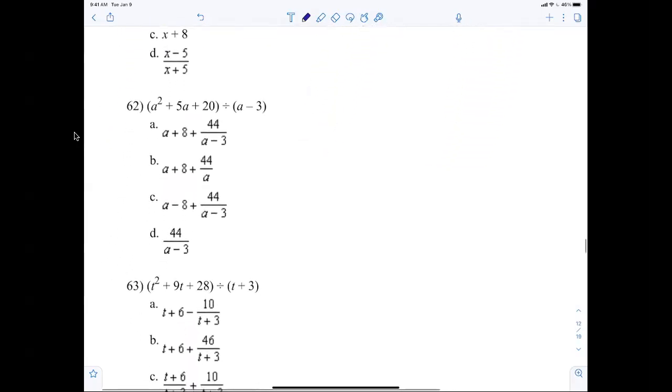Okay, now on 62, remember, this is where you had to do the long division. I got everything right. I didn't get 44. All right, well, let me see. So remember we said we divide a squared by a and get a.